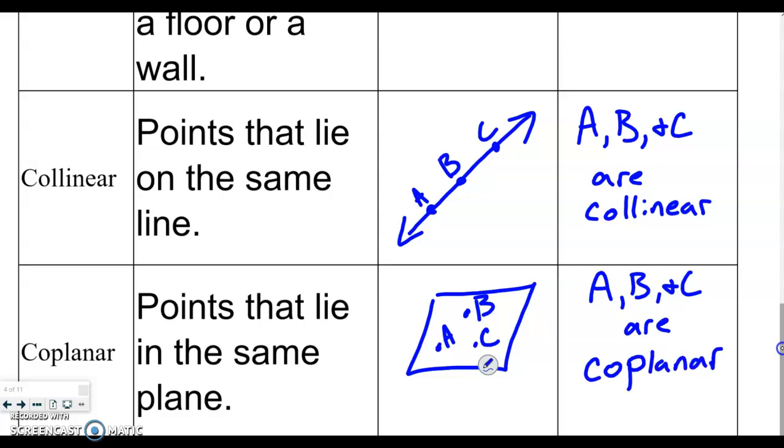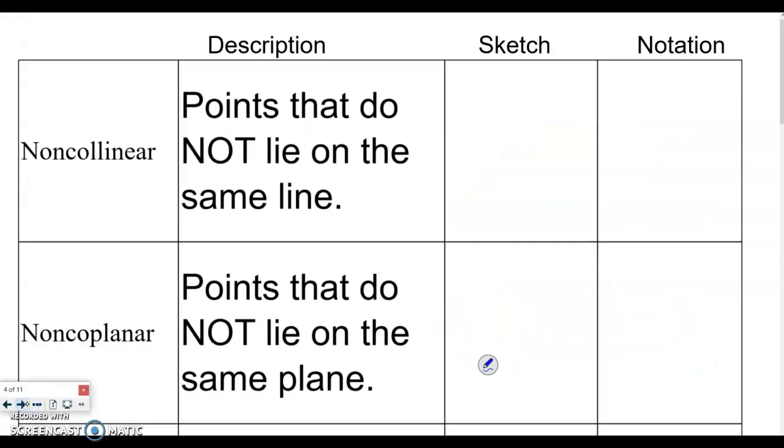A, B, and C are coplanar. Non-collinear. So they're points that do not lie on the same line. So if we have a line, maybe we've got a couple points on the line, point A and B, but point C is not.